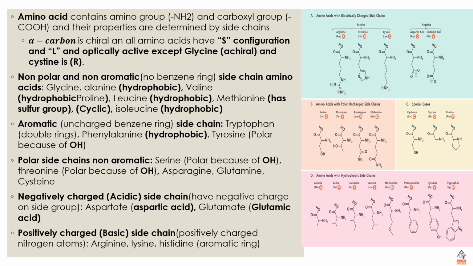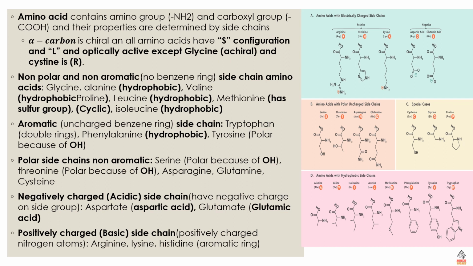On all amino acids except for two, you need to remember the two that defy these rules. Glycine is achiral, so it's not chiral, and cysteine has an R configuration. So all amino acids are S configuration except for cysteine, which is R, and all amino acids are chiral except for glycine, which is achiral.